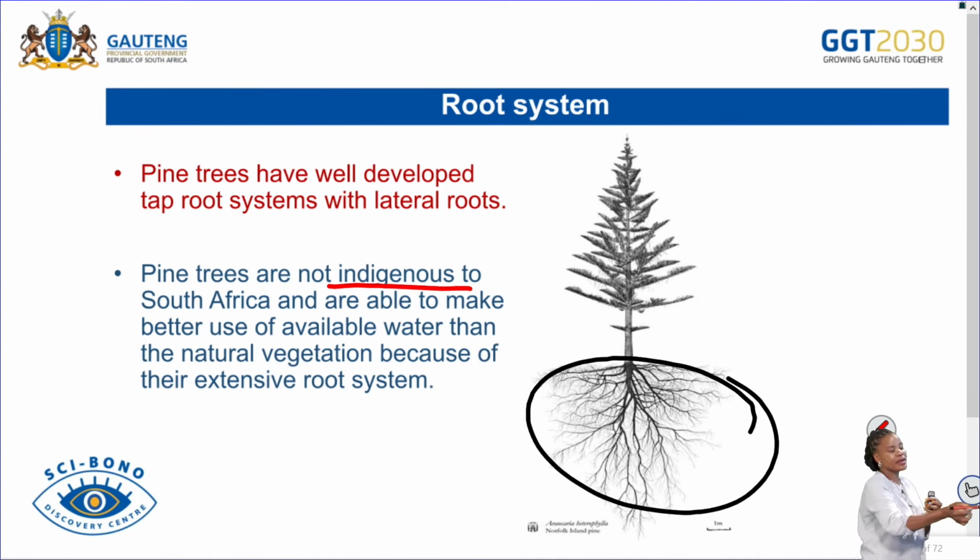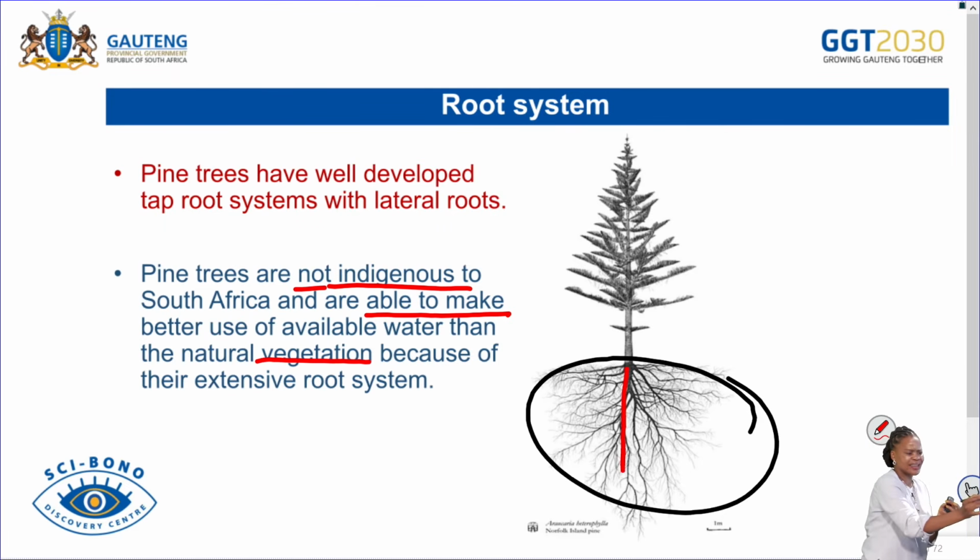So what is happening with the pine trees, because they are not indigenous to South Africa, in other words, South Africa is not their natural habitat. It means that they are able to do what? To use more water, more available water than what? Than the natural vegetation, because of their extensive what?